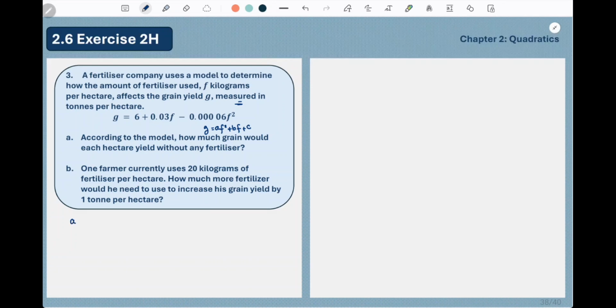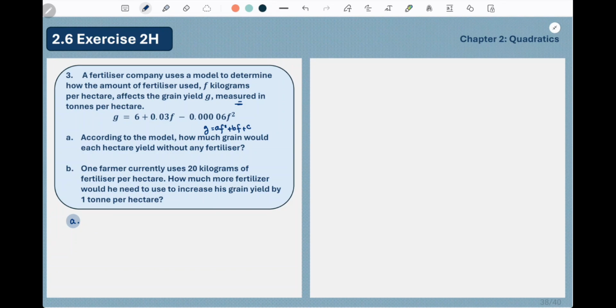So part A: according to the model, how much grain would each hectare yield without any fertilizer? So I'm looking for the grain yield, so I'm looking for G, and what do I have?